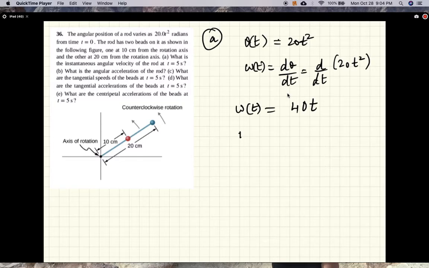And they want us to find the angular velocity at t equal to 5 seconds. 40 times 5 equals 200 radians per second.